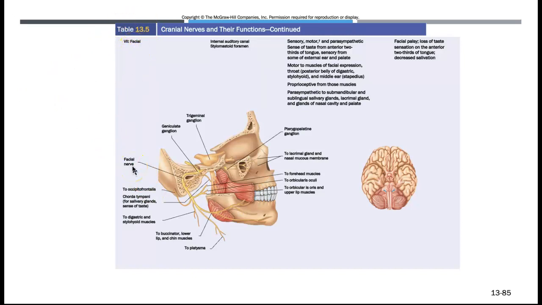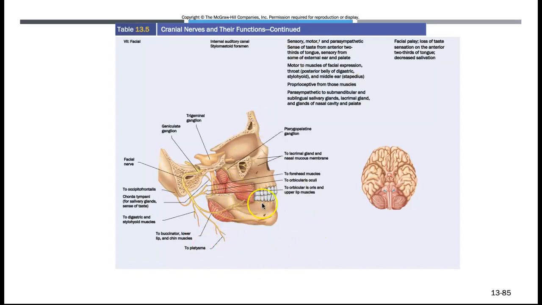Then we've got cranial nerve number 7, known as the facial nerve, and this is going to exit through an opening known as the internal auditory meatus or canal, and will branch to give supply to our muscles of facial expression. It is also going to supply the anterior 2/3 of the tongue.